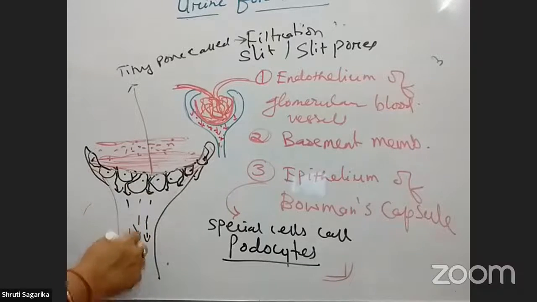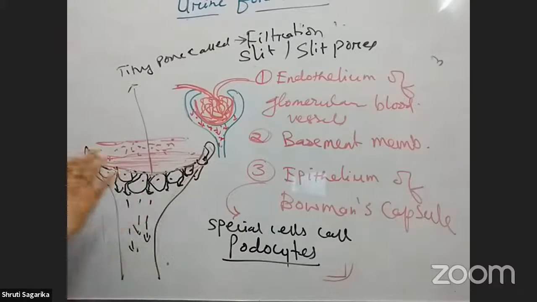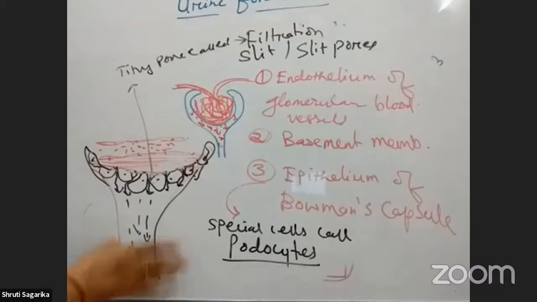But what will come out is the nutrients, the plasma, the water, mineral ions, all those things will come out into the tubular part, right? So as the filtration happens at a very minute level, it is an ultrafiltration process, right?